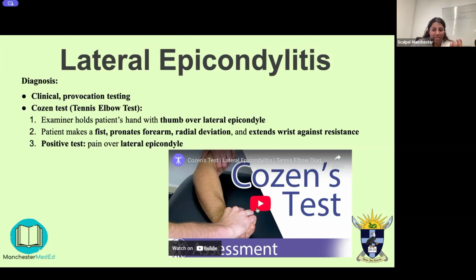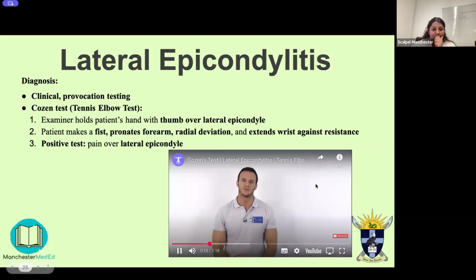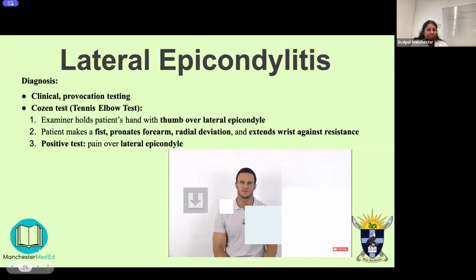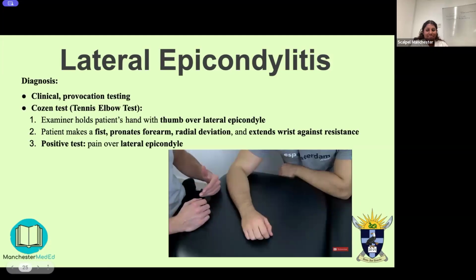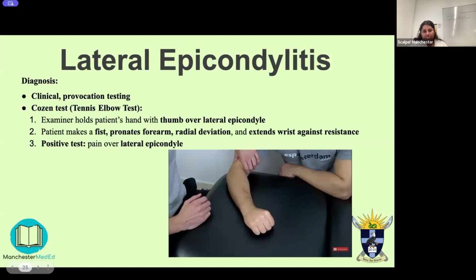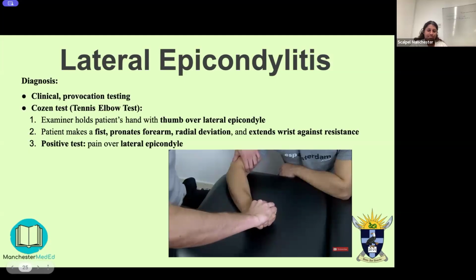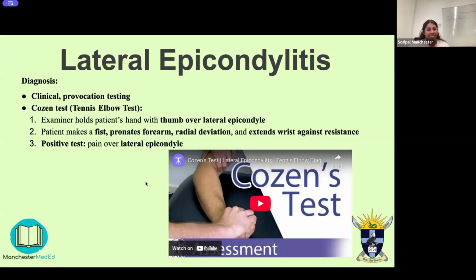I'm just going to be playing this so everyone can see. It's positive if you have pain over the lateral epicondyle.